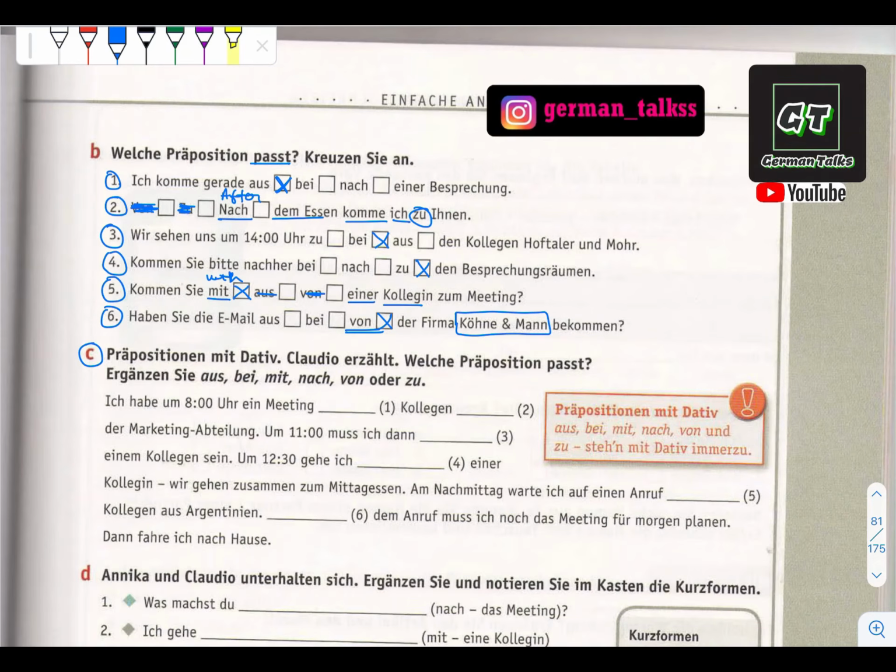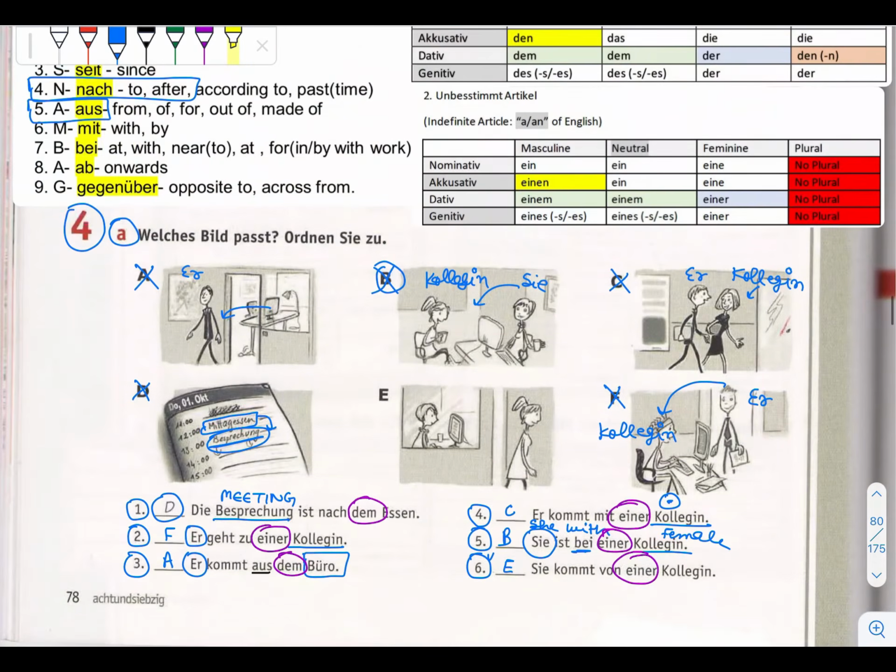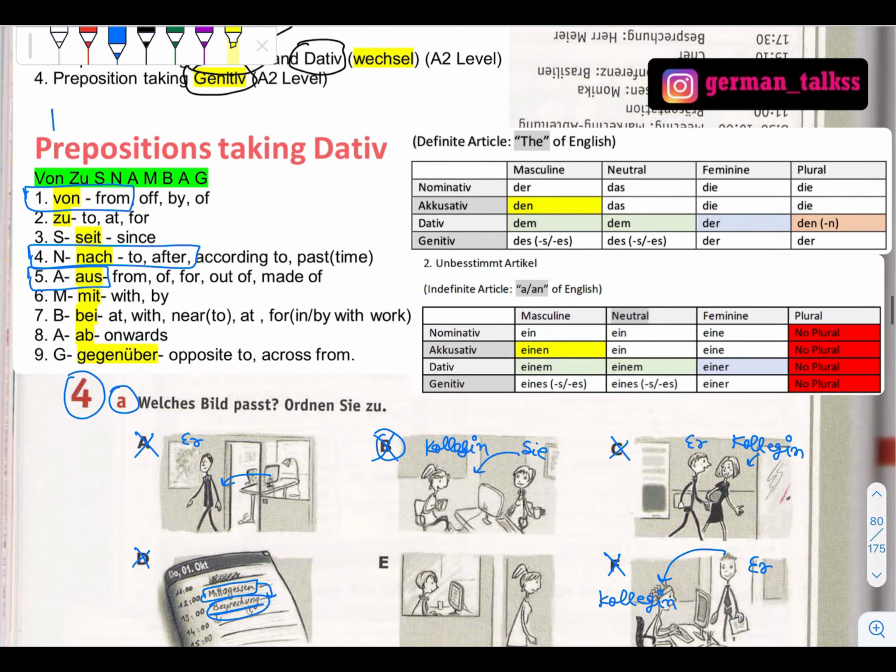C. Präpositionen mit Dativ. Claudio erzählt, welche Präposition passt, ergänzen Sie. Aus, bei, mit, nach, von oder zu. And these all prepositions take dative case. What they told here is the same thing as this one.